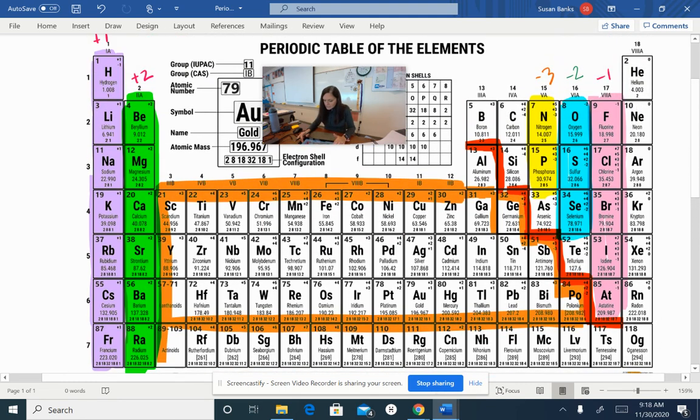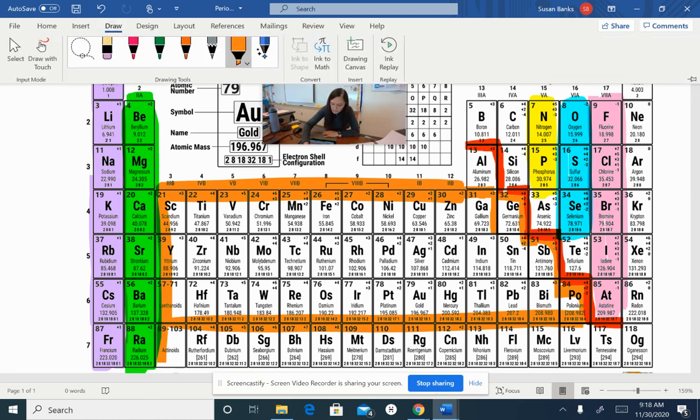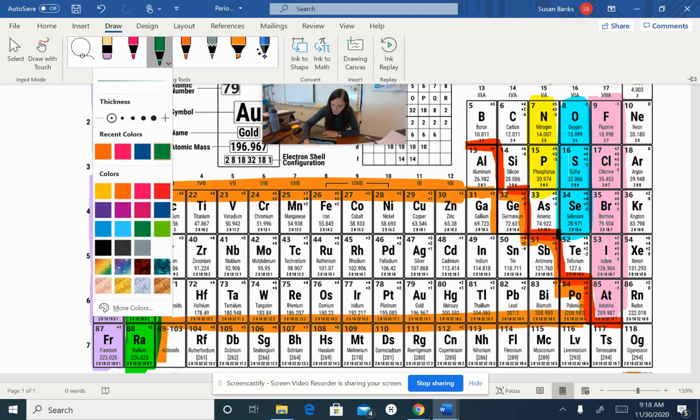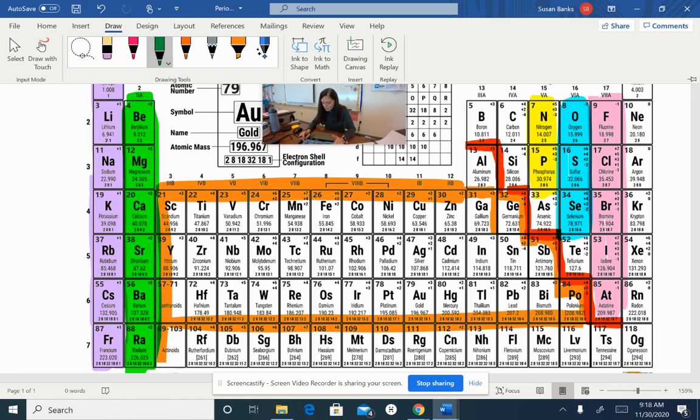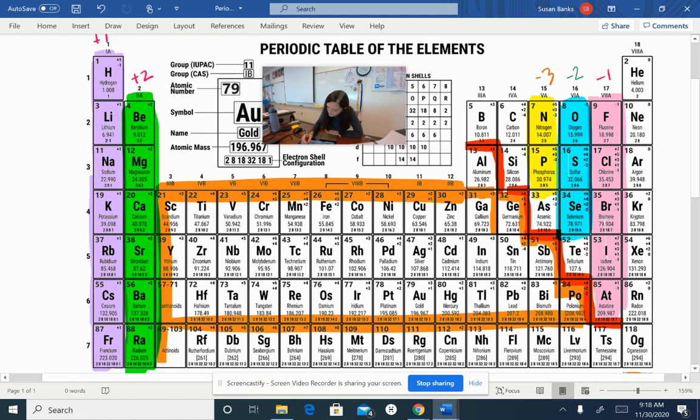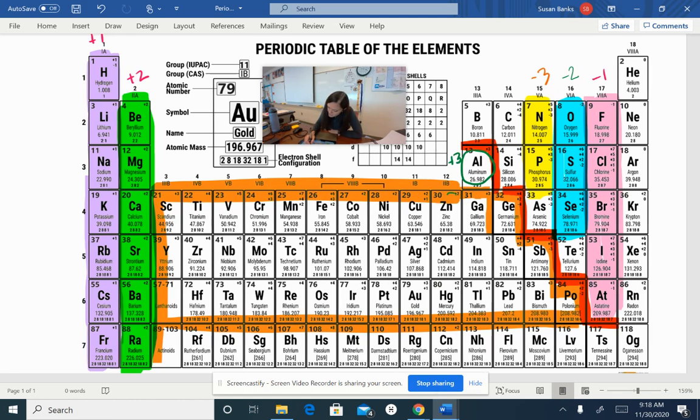Okay. Now, there are some that don't. So let's highlight the ones that don't really quickly. Now, the ones that don't are these. Aluminum is always a +3. Zinc is always a +2.